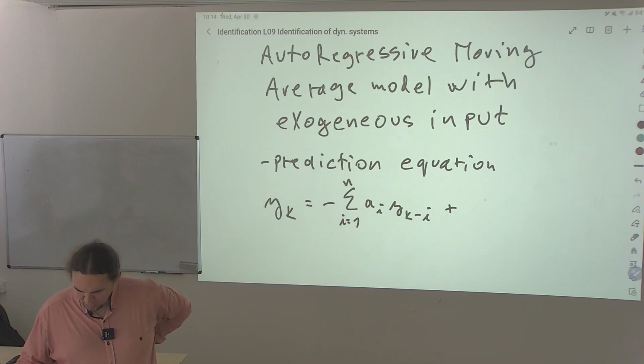Then we will add the new term, which will be a moving average: c_i times some e.